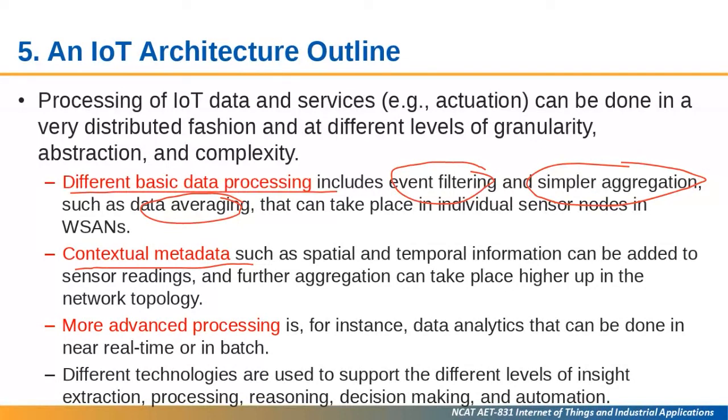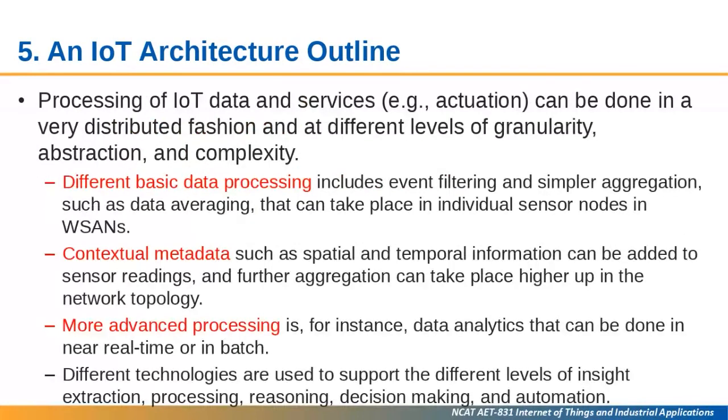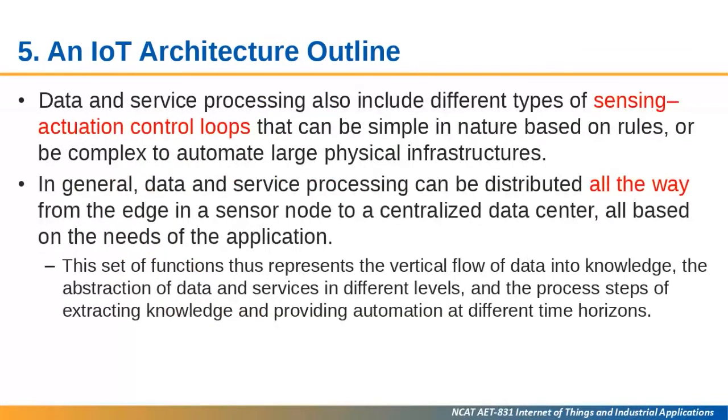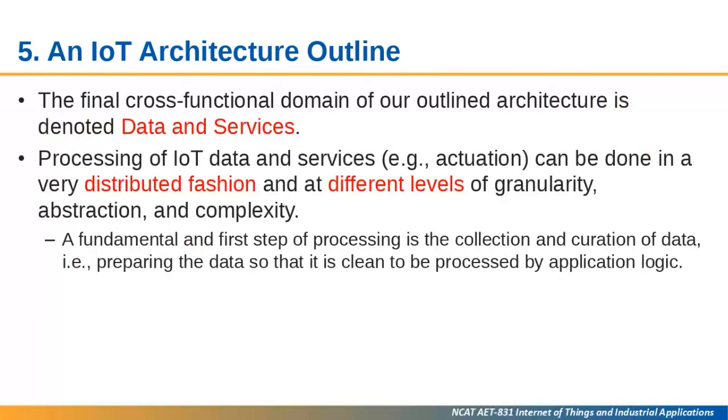And we can also have more advanced processing, but these are included in the data and services, and it's needed for all the layers. Data and service processing also include different types of sensing, vision, and closed loops. So in general, data and service processing can be distributed all the way from the edge sensor node to a centralized data center, all based on the needs. Basically, IoT applications are data intensive, right? So whenever we have data, we will need these functions mentioned here and also here.